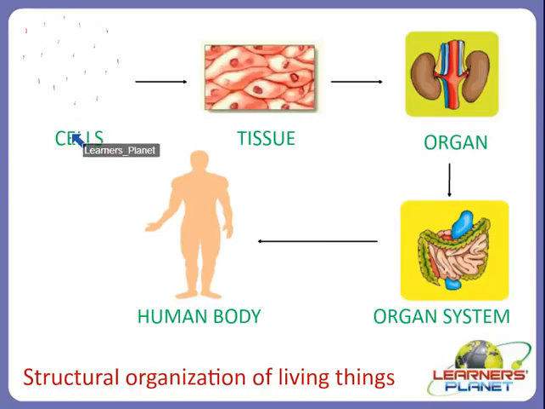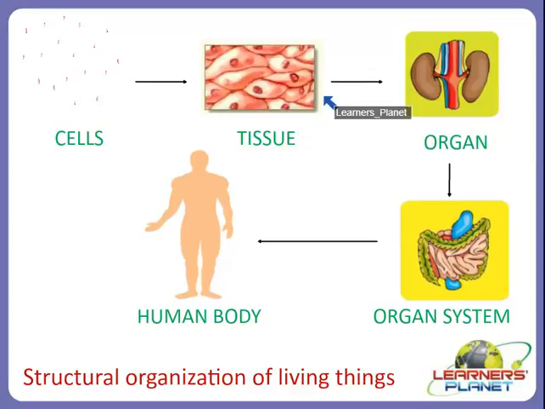So here is the structural organization of living things. First of all, we will see here that these are the smallest living organisms which cannot be seen with the naked eye, or we can say that they can be seen with the help of a microscope. So these are cells. A cell is the smallest living structure that is able to function independently, and a group of similar cells that perform a particular function form a tissue.